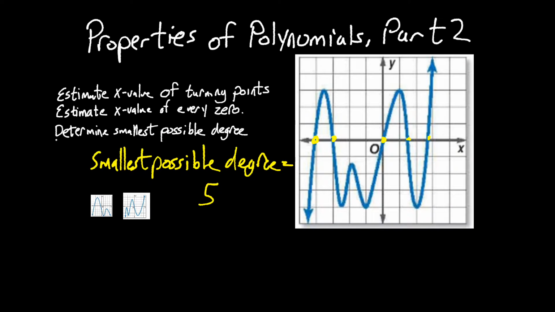And we could say one more thing about it: this is going down to negative infinity, this is going up to positive infinity, so I'm going to have an odd degree anyway, which 5 is, but still, we can't say anything more than that it's the smallest possible degree. Alright, we're done with this example.